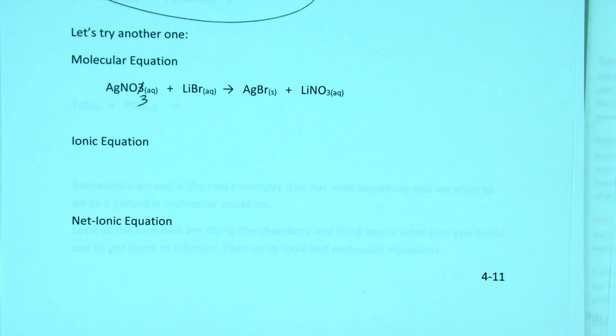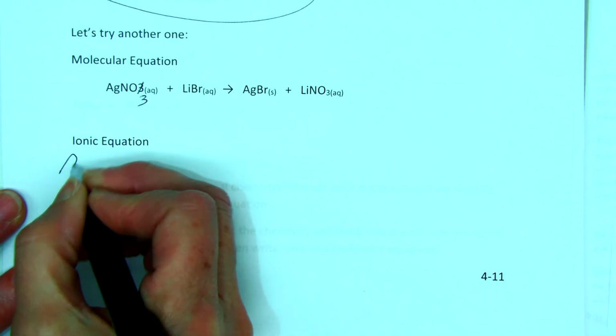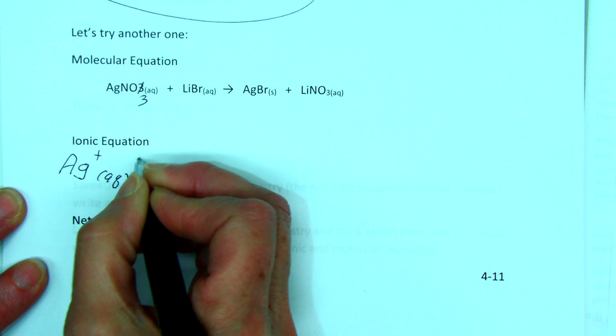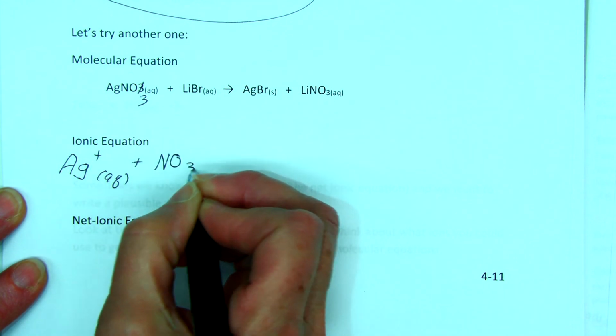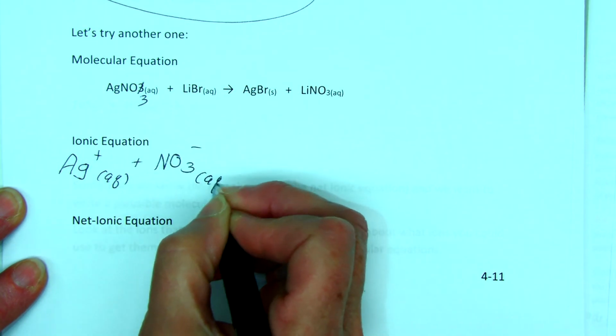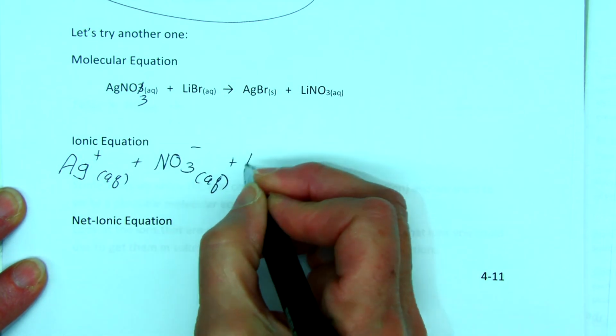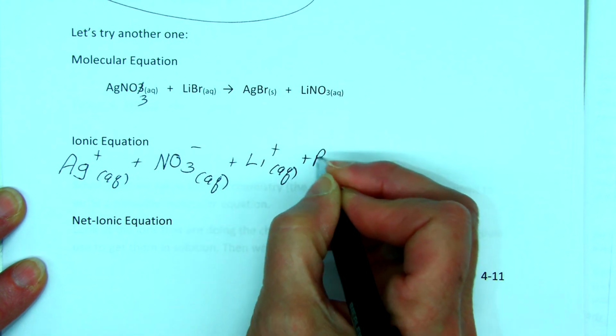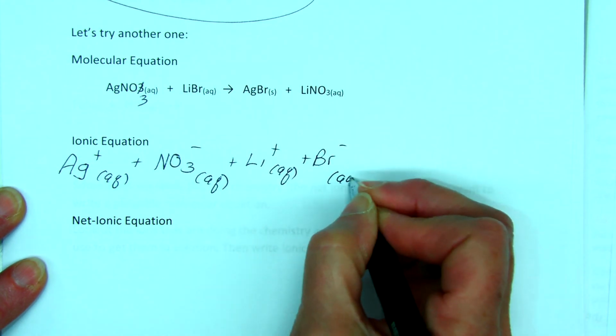So when I look at this, I say, okay, my silver nitrate is a strong electrolyte and it dissolves, so I break it into pieces. I have a silver ion, which is aqueous, plus a nitrate, which is aqueous, plus lithium, aqueous, plus bromide, aqueous.